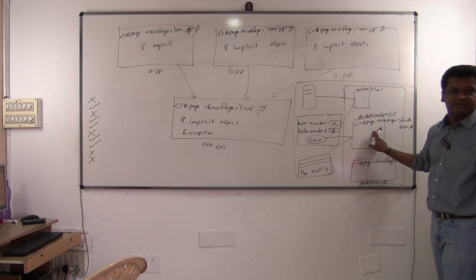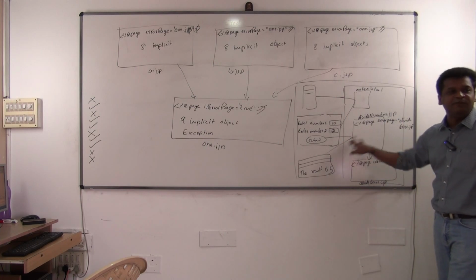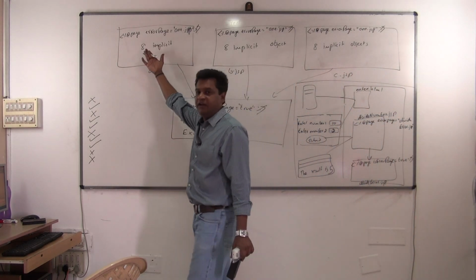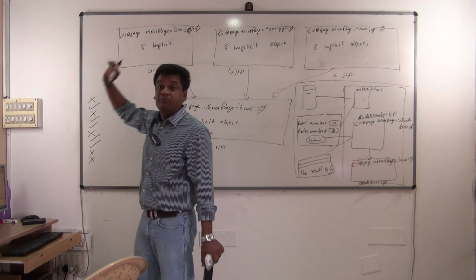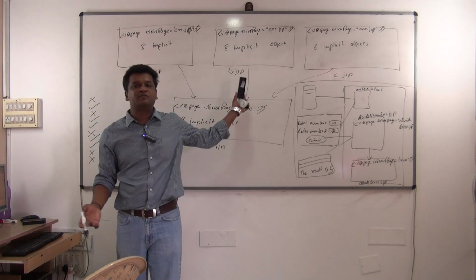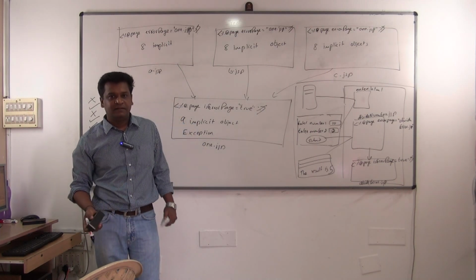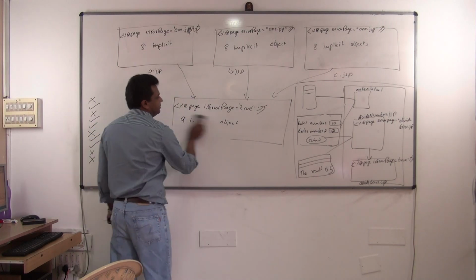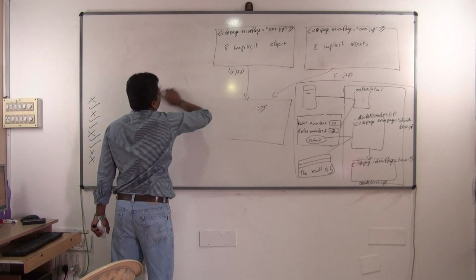So if at all an exception occurs here, then it will go to this page. Else, the same page will be displayed. The same concept. If no error occurs, it will display a.jsp or b.jsp or c.jsp. But by chance if it occurs, then it will display which one? 1.jsp. That's the idea here. So I'll see this with coding only. This is the output I have to show you now. I'll show you. Most important interview question now.